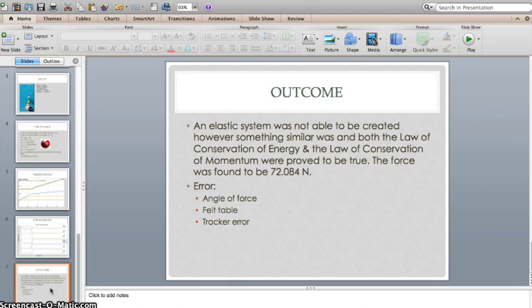The other is that it is a felt table, and while on a flatter surface such as linoleum, the static friction would not ultimately have detracted from the rolling. The felt and the texture did, and there is, of course, always the possibility for Tracker error, which is an inevitability with any lab.